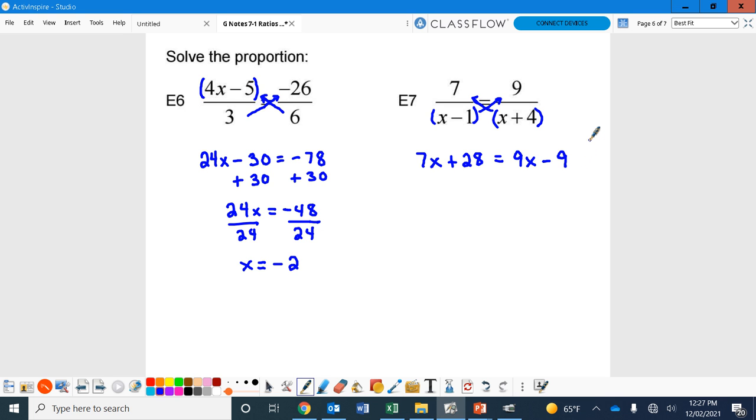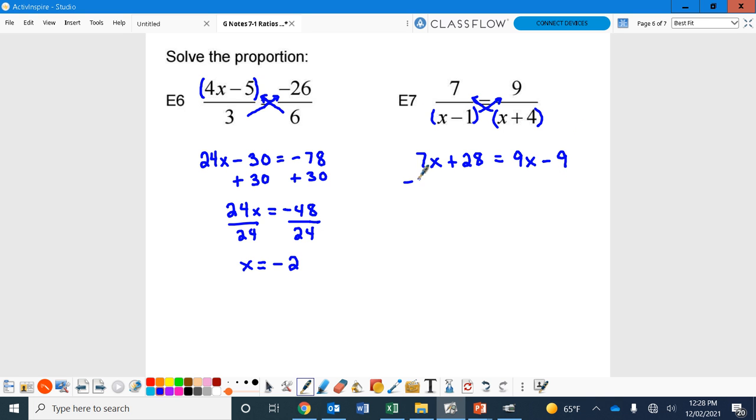And it doesn't matter. You could have put the 9x minus 9 in front and the 7x plus 28 on the other side. It's just if you do any comparing like greater than or less than, then you have to have it in that order. So I tend to always go up and to the right and then up and to the left over here, because if you're going to do inequalities, it does have to be in that order.